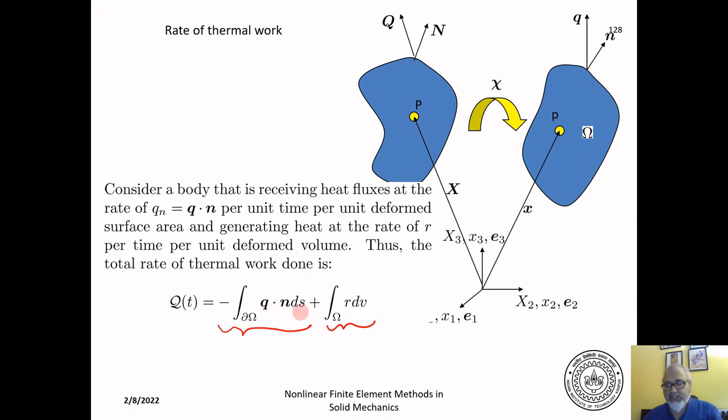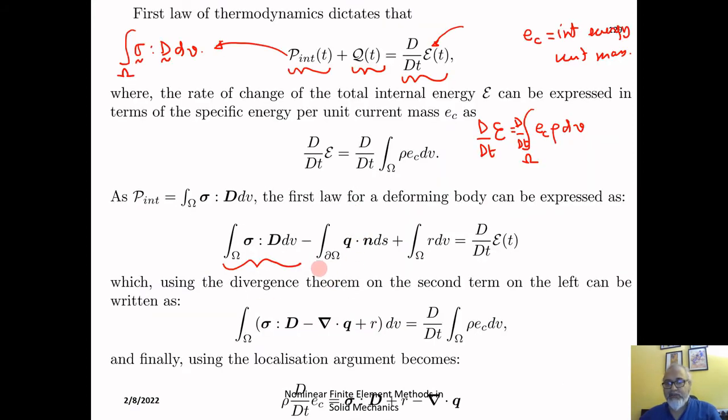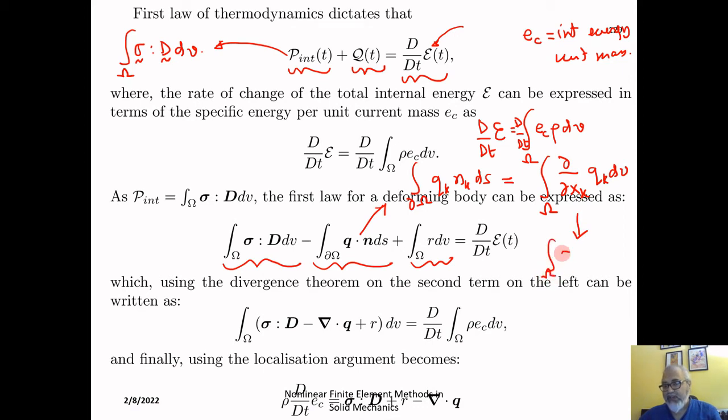So we just take it as it is, and we have R dV. This term is of course Qk Nk dS, which with the application of the divergence theorem will become del/del xk of Qk dV, and this is expressed in vectorial form as divergence of Q dV.